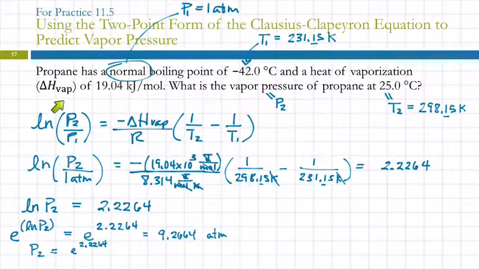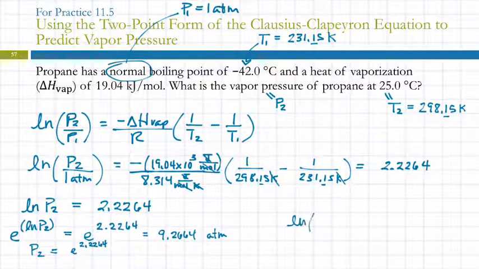So here we had P2 over P1. Those have the same unit. Since the denominator was atmospheres, then the numerator is atmospheres. You would divide that 9.266 by 2 if the atmospheres were 2? Okay, that's a good question. So what if this was 2 atmospheres instead of 1? You would not take this 9.2664 and divide by 2. No. So how would you do that?